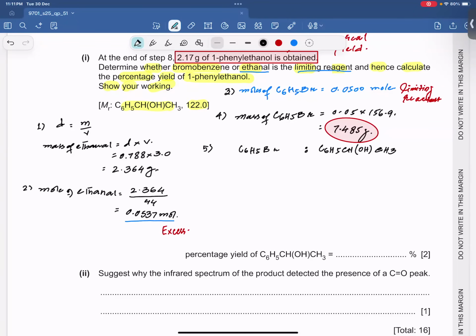The MR of bromobenzene is 156.9. The MR of 1-phenylethanol is 122.0. That's given in the question.